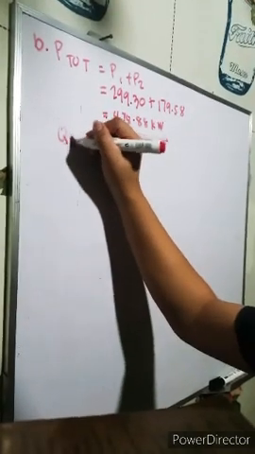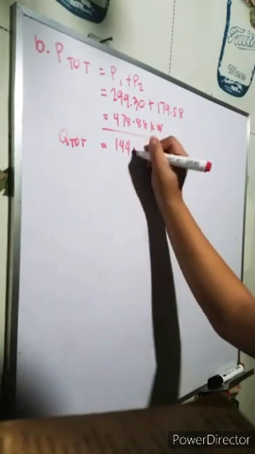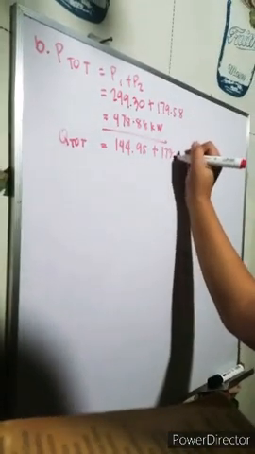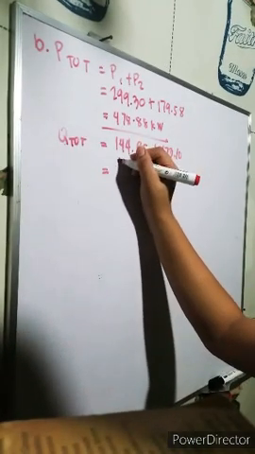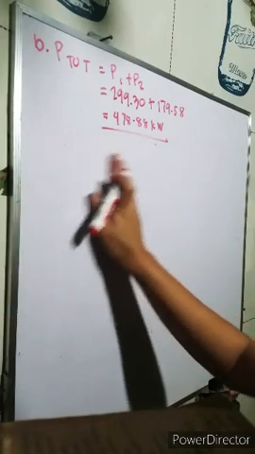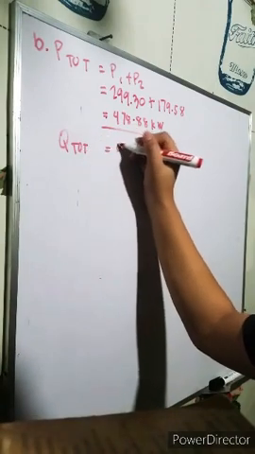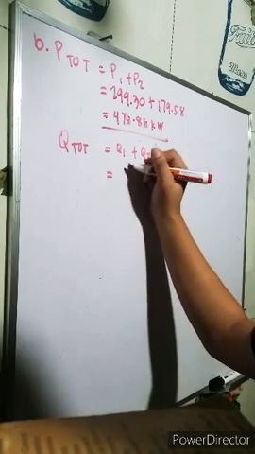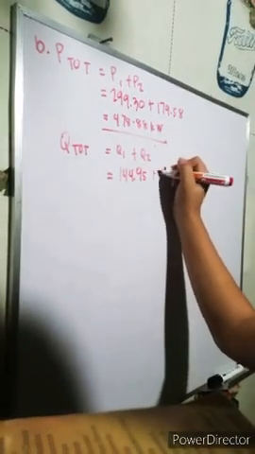P total is equal to P1 plus P2, which is equal to 478.88 kilowatts. Q total is equal to Q1 plus Q2. Just simply add the two. It will result to 318.05 kVAR.